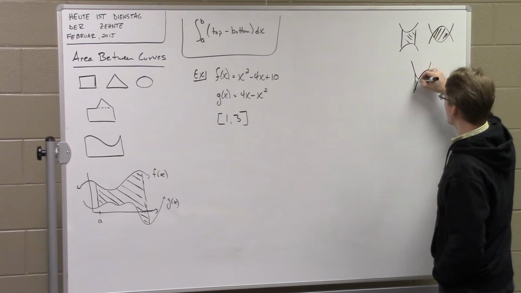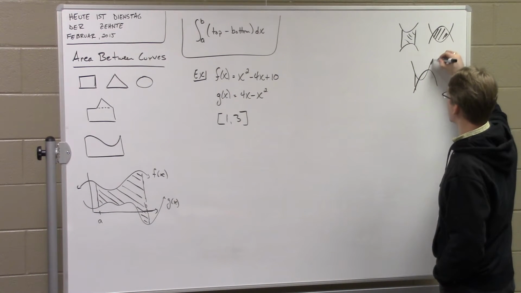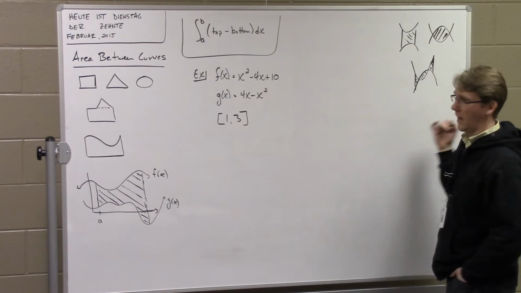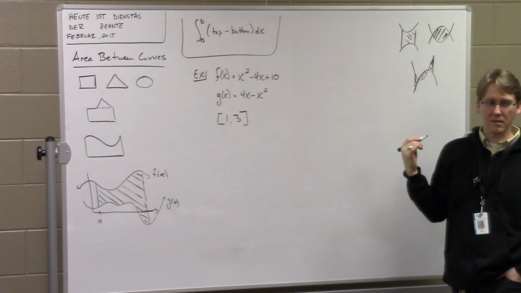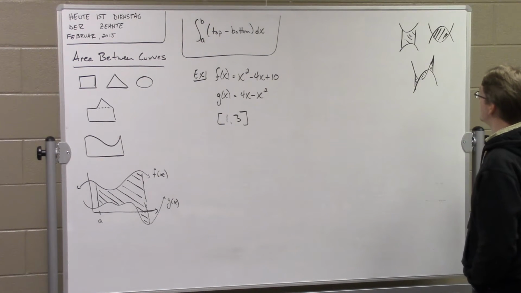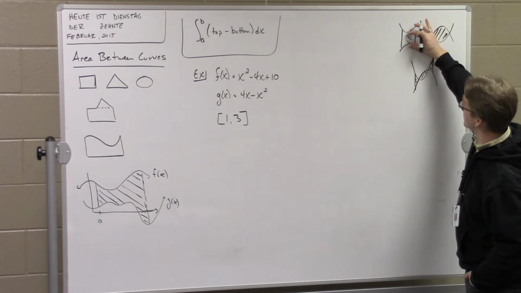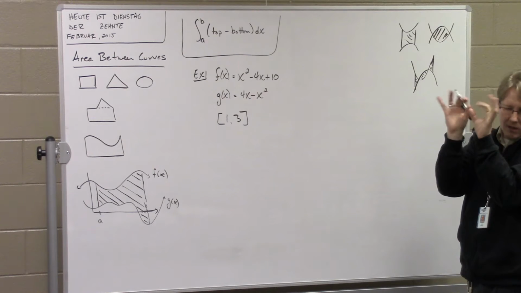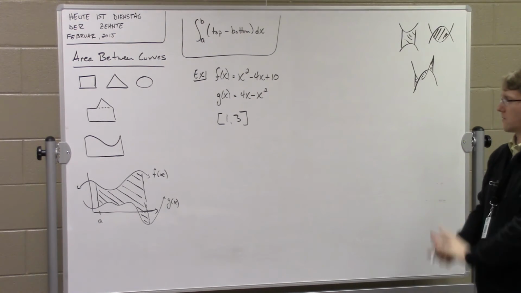But the zone they want is like this. Let's say this is 1 and 3. Now we're looking at that. So lots of things can go screwy. Or, like these two could just tangent, barely touch each other once, in which case you're still dealing with this situation right here.